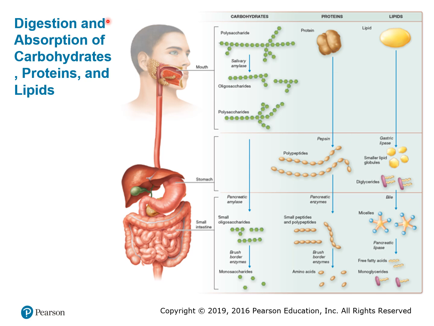Okay. So just to summarize, the digestion and absorption of carbohydrates, proteins, and lipids. Carbohydrates are polysaccharides that are made up of sugars or monosaccharides. The polysaccharide gets broken down into oligosaccharides by salivary amylase starting in the mouth.